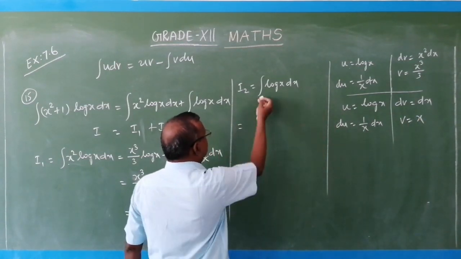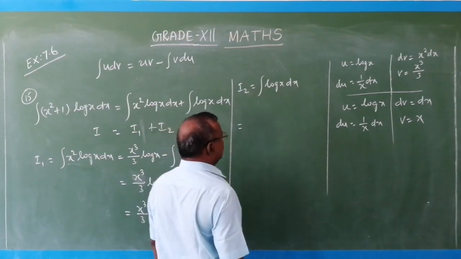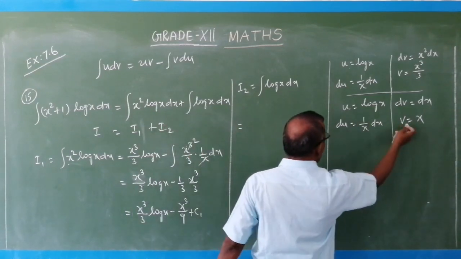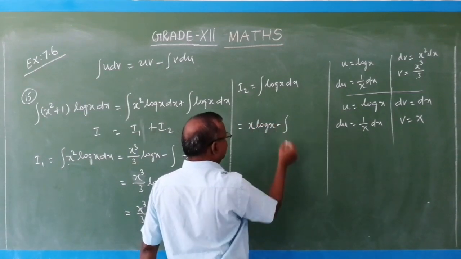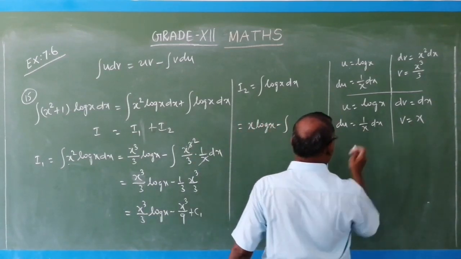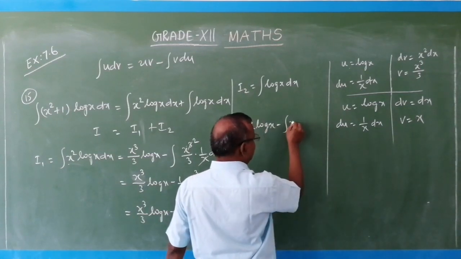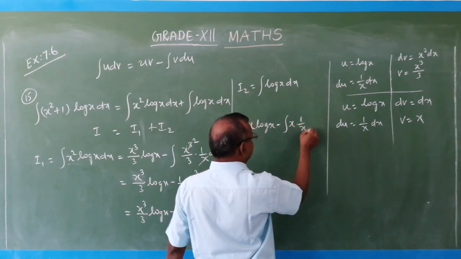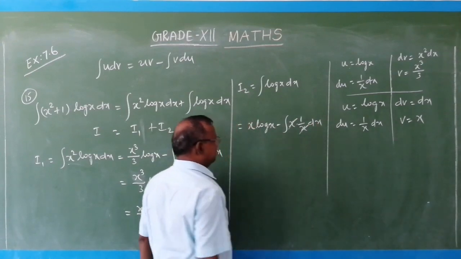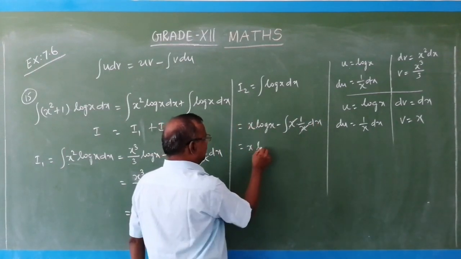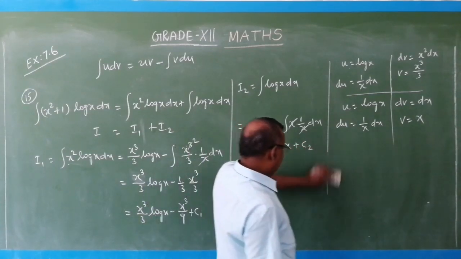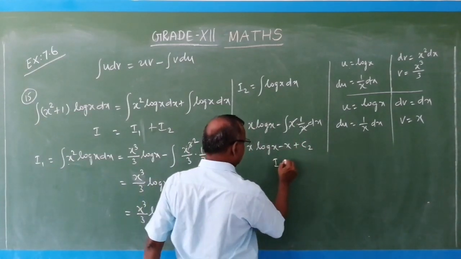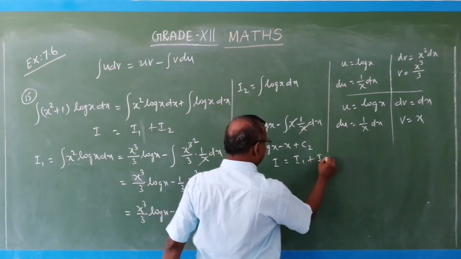Now, integral u dv equal to uv means x log x minus integral v du, means integral x into 1 by x into dx. So simplifying, this is equal to x log x minus x plus C2. We know that I equal to I1 plus I2.